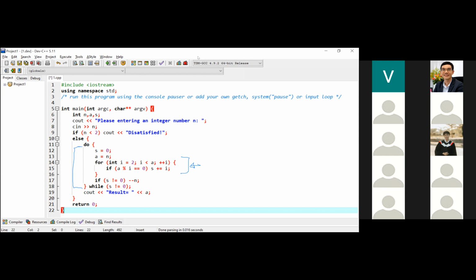Is it correct? Tick the yes if it's correct and tick the no if it's not correct. What's wrong, everyone?